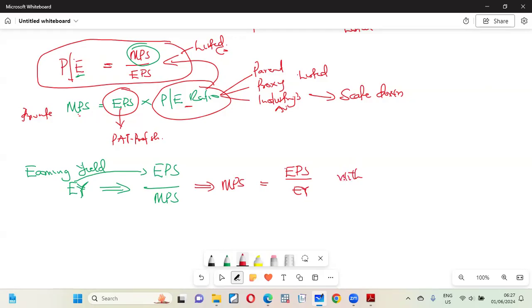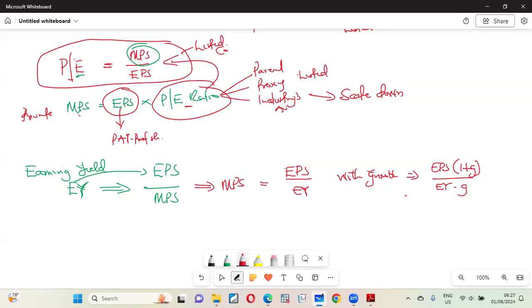And it goes for the dividend yield too. Anytime there is growth in the question, just like the way we did the DVM model, you will do the earnings per share, 1 plus g, all over EY minus g.